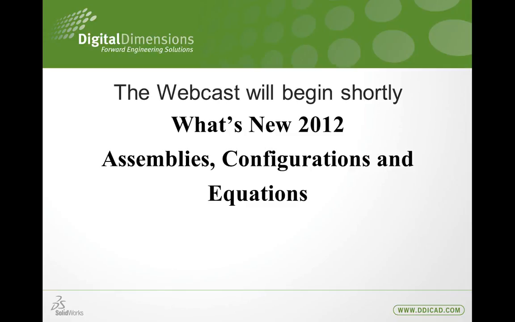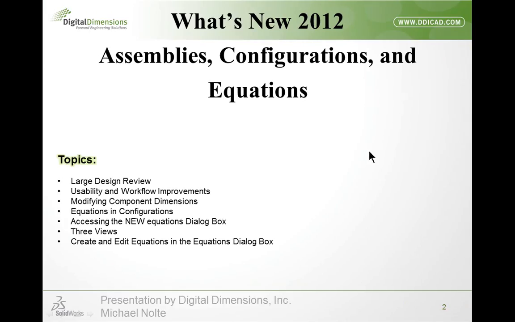Let's go and take a look at the next slide here to give you a little bit of an outline of what we're going to be looking at. This is not in any particular order, but this is some of the stuff we're going to be looking at. There is a large design review that replaced the selective open option.